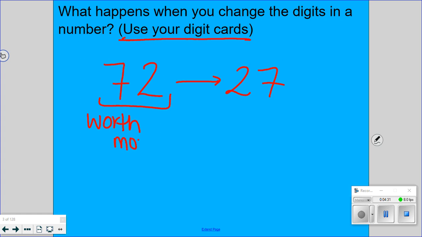The word that Heidi is using, the word that I'm going to use a lot of, is value. The worth, aka the value, is more.